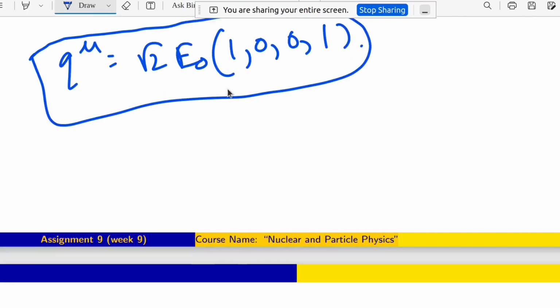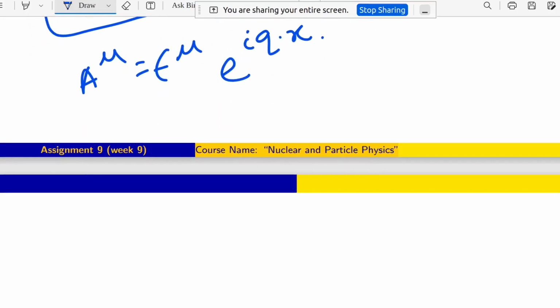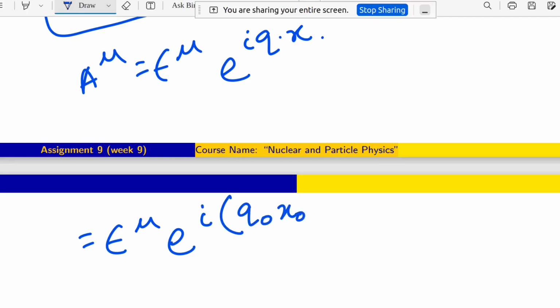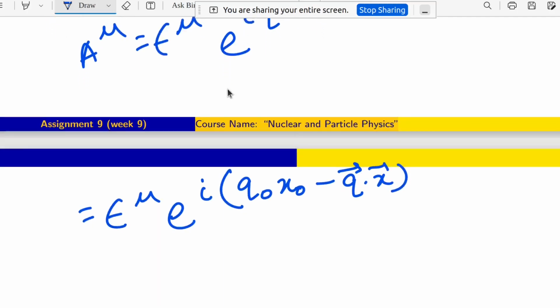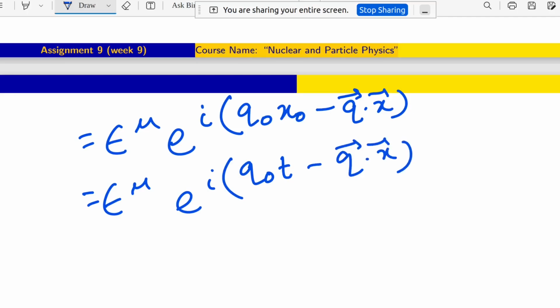So A mu is epsilon mu e to the power i q dot x. How to write that q dot x? We can write it like e to the power i, then q0 x0 minus q vector dot x vector. x0 is nothing but t, then q0 t minus q vector x vector.